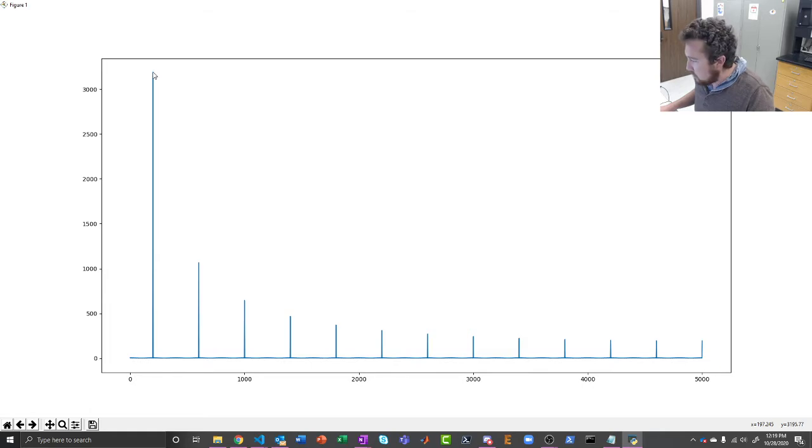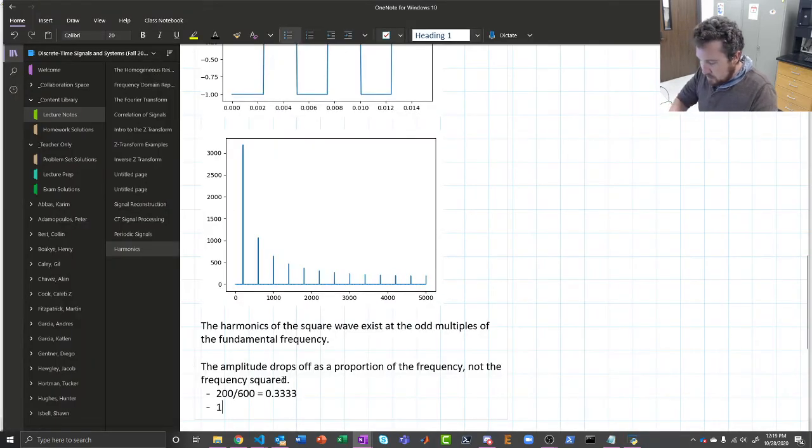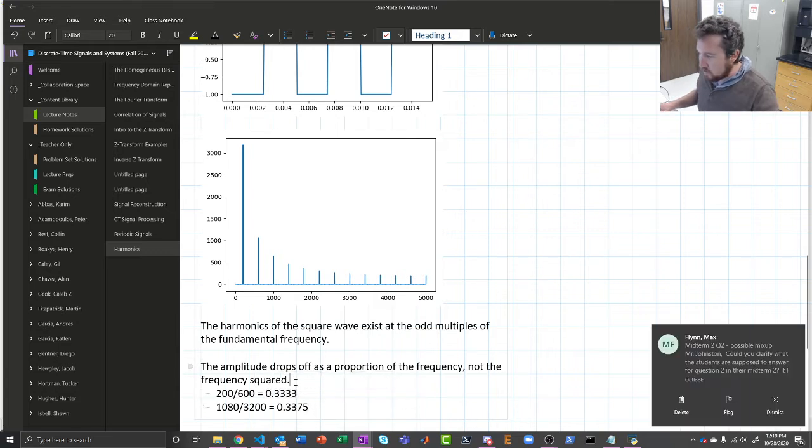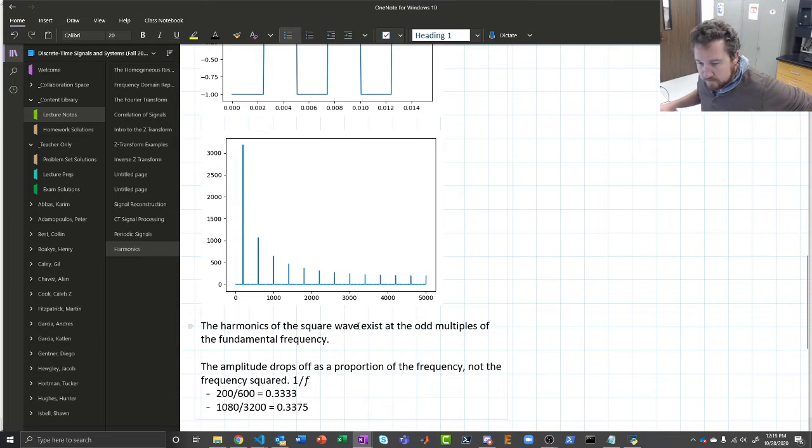And 3,200, so let's say 1,080 and 3,200. You know, minus my measurement error, you can see that it's that same proportion there, right? So it's equal to 1 over f instead of 1 over f squared. So for the square wave, we see that they're at odd multiples of the fundamental frequency, and the amplitude drops off as a proportion of the frequency, not the frequency squared.